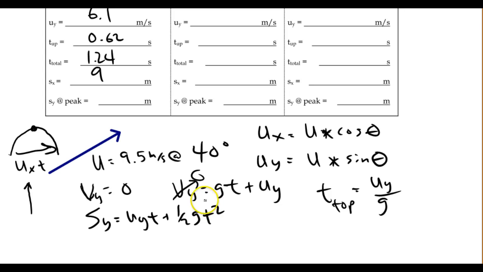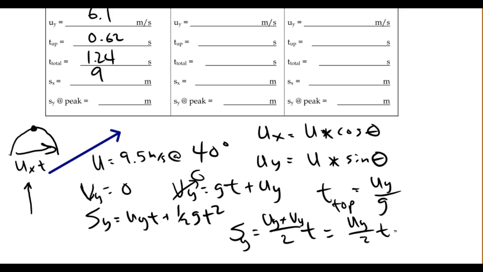We can do that, but we can also go back to our other equation from the data booklet: S equals (U plus V) over 2 times T. This works really great here. Sy is (Uy plus Vy) over 2 times T. For the top of the flight, Vy would be 0, so it would be Uy divided by 2 times the time.